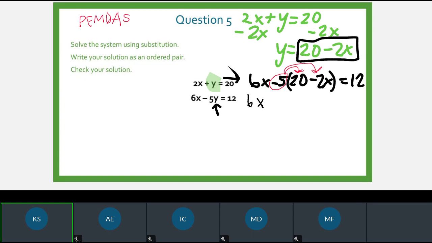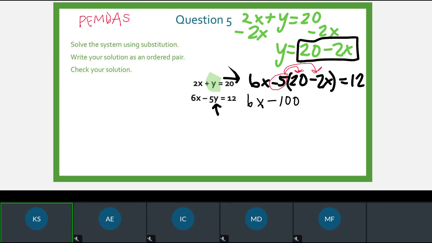So negative 100. Not quite, Mason. And then, Anna, what's negative 5 times negative 2x? Sophie, you've got it. You just switched the order of your X and your Y. So go ahead and switch that order, and then you've got it. Yeah, that's right.